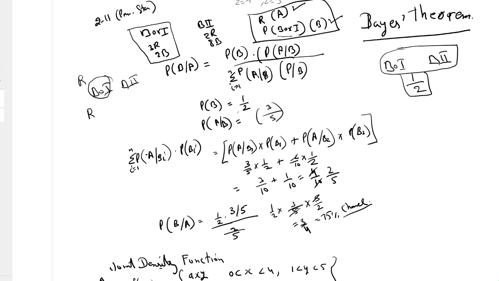So the total balls we will have is 5, 3 plus 2, and the desirable outcome that can happen is a red ball, that is 3. So the answer is 3 over 5. That's what I'm writing here.